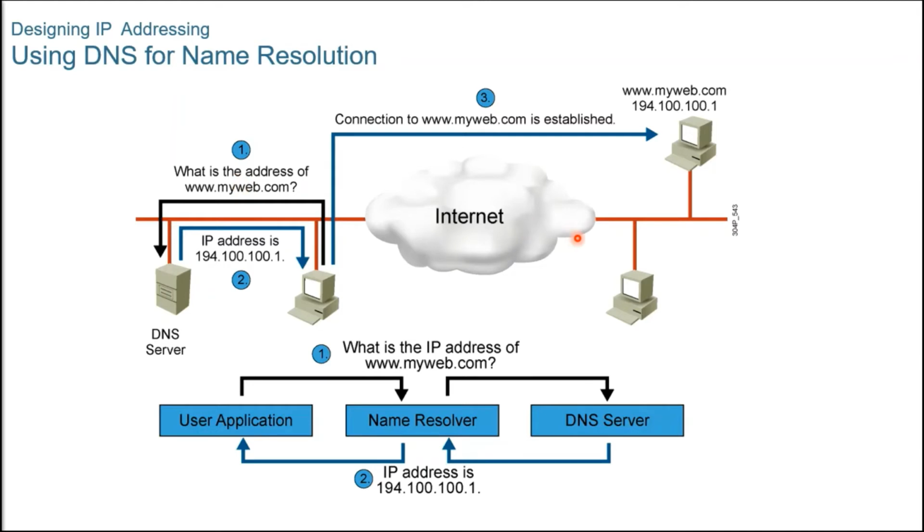In step 2, the DNS server responds with the appropriate IP address, for instance, for www.myweb.com. In step 3, the host establishes a connection to the appropriate IP address, which is the www.myweb.com site.